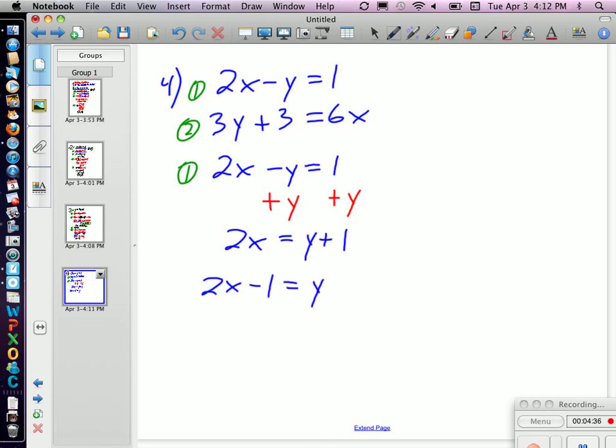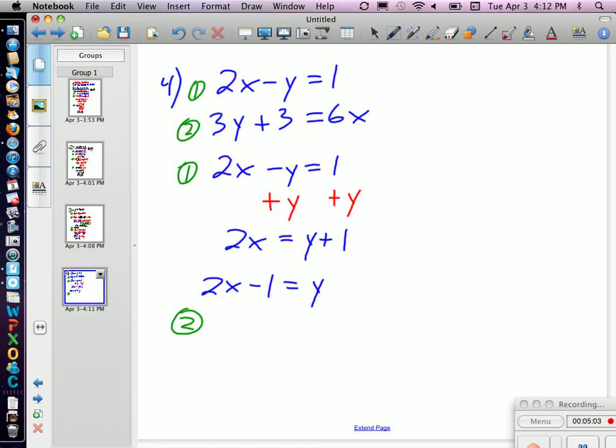Always plugging that into the other equation. That was equation 1, so now we're moving to equation 2. At the end of this video, you can try to see what happens if you solve equation 1 for y and then plug 2x minus 1 back into equation 1 for y, and then you can tell me what happens tomorrow.